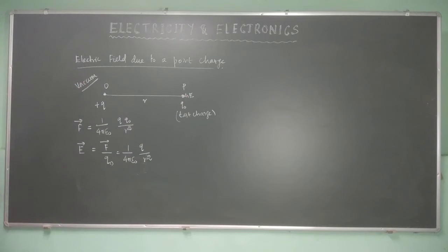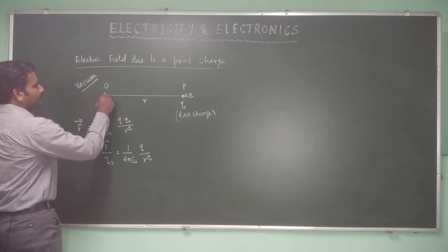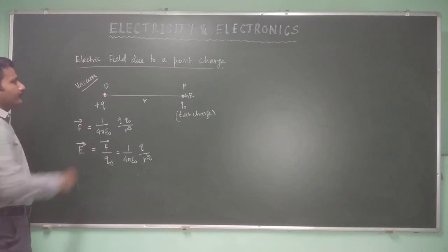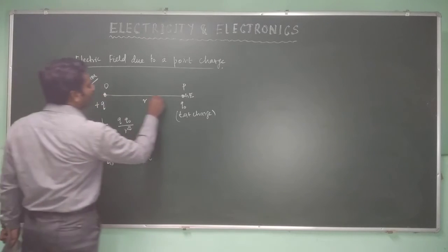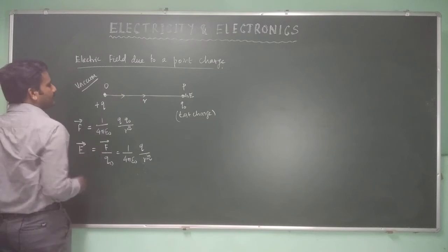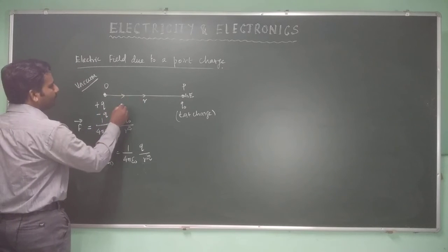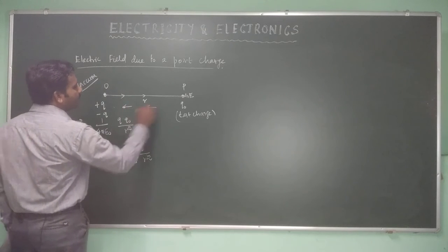Okay, fine. Now, if this charge is positive, then the field lines will be going in the outward direction. If the charge is negative, then the direction will be inward.